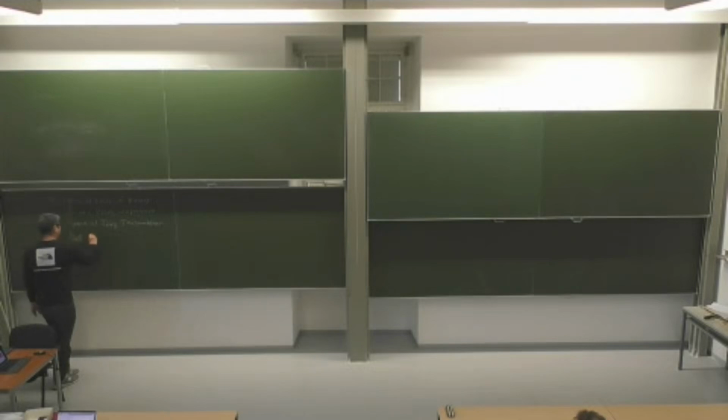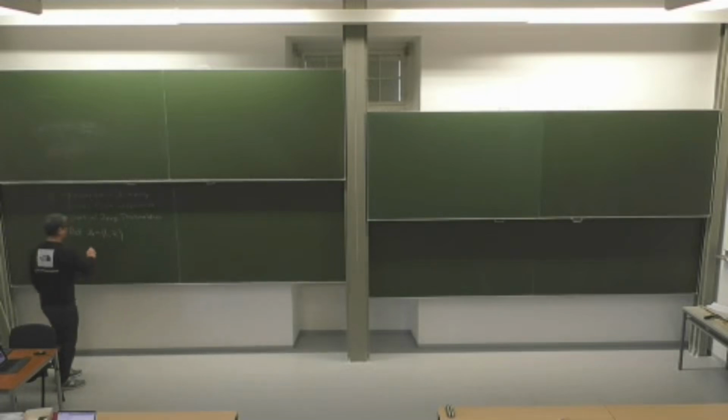So in this talk, the set of alphabet is a 2-point set, an arbitrary 2-point set. And I think many of us are familiar with the concept of substitution. So this is the map.